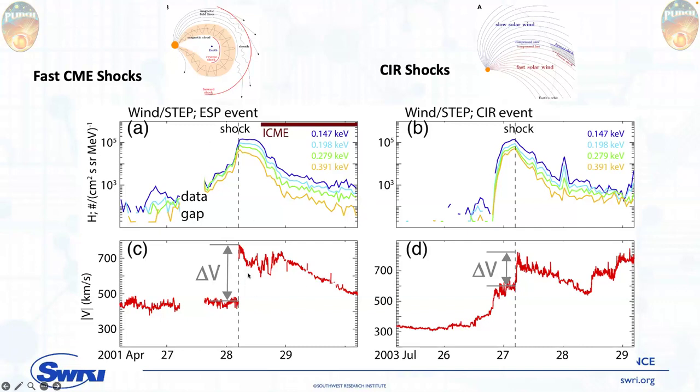And we take all our events, we take the delta V, and we take the peak intensities. The peak intensities were integrated over a certain range of energies, up to a few MeVs.